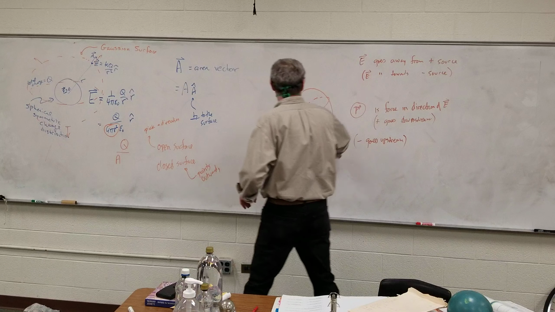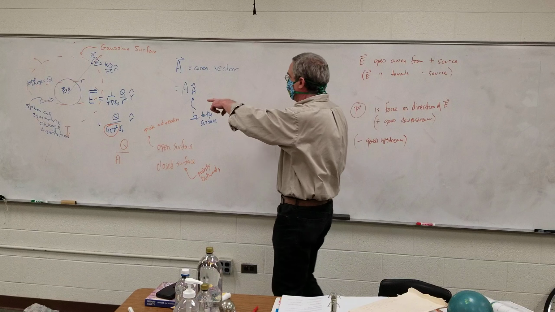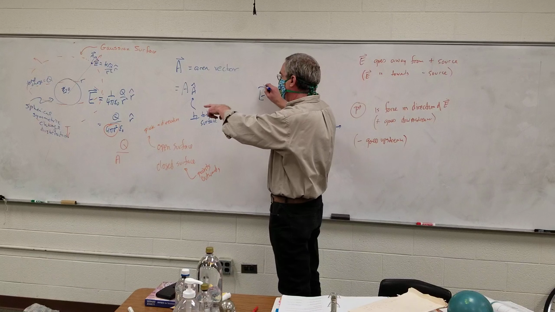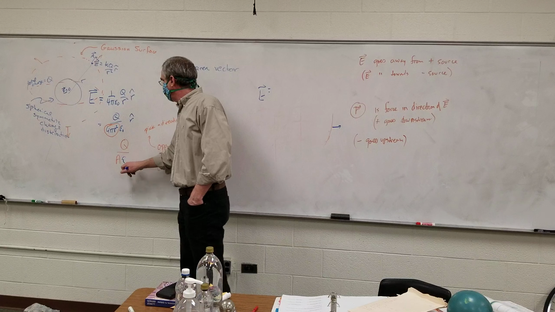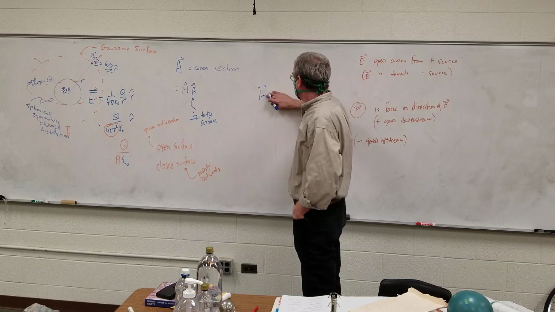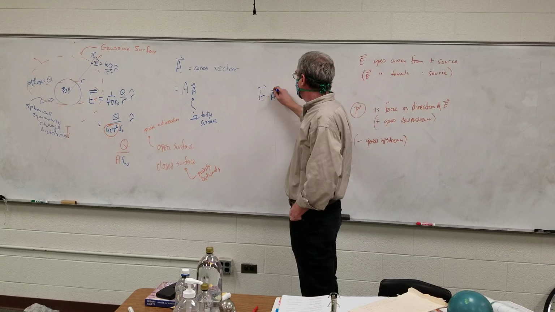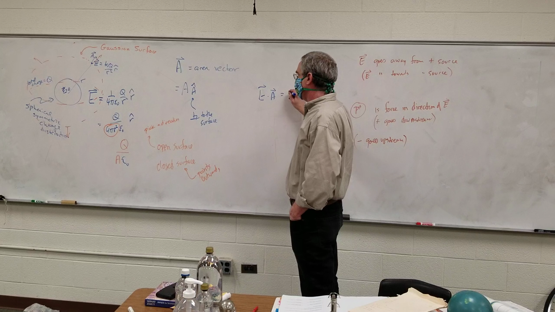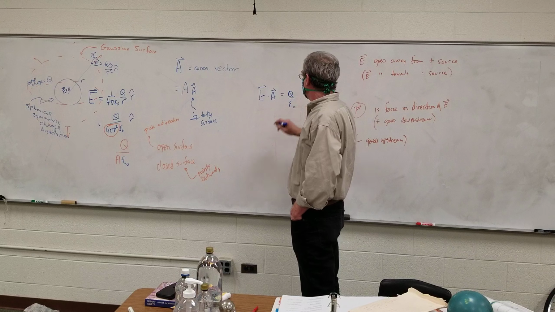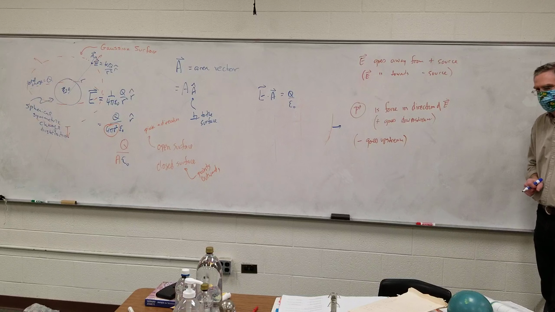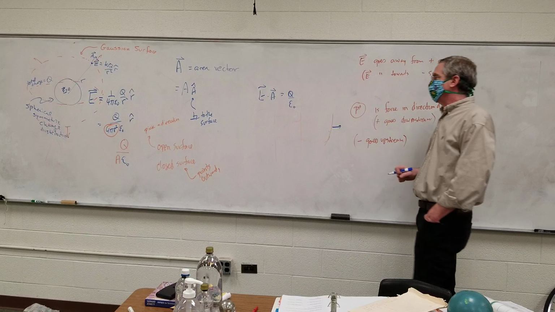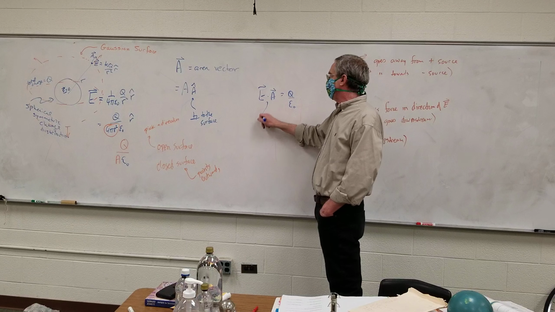So I'm going to take what I have over there, that the electric field times the area is equal to Q over epsilon naught. Let's unpack it a little bit here. Notice this is a dot product.